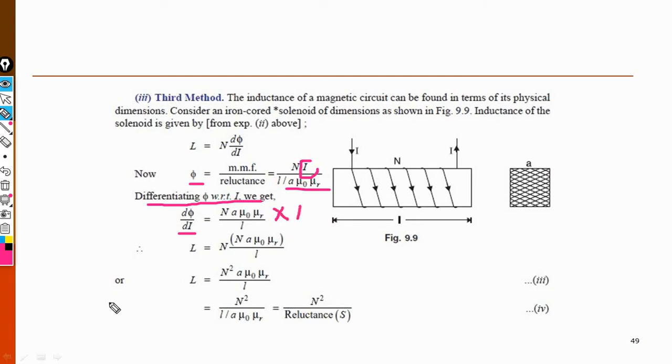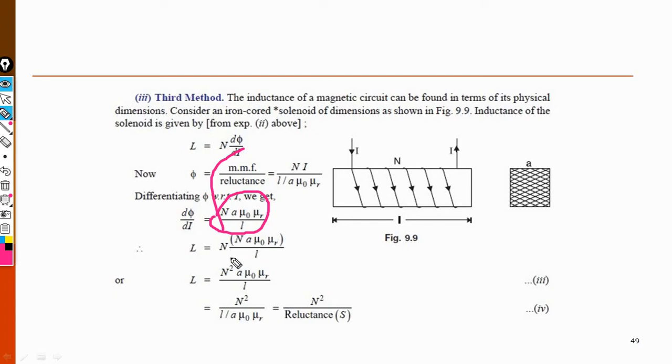Okay, then the value of d phi by dI is put in this equation, that is L is equal to N d phi upon I. Next, L is equal to N into A mu 0 mu r upon l.